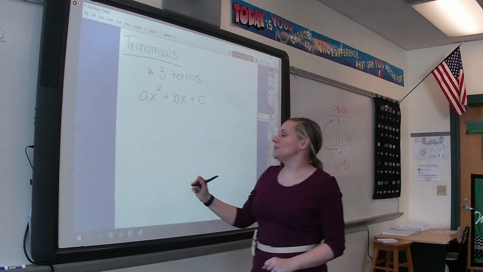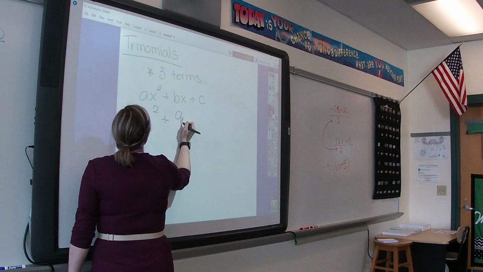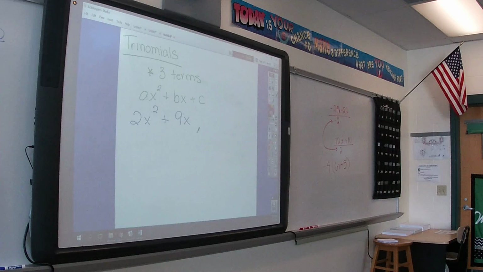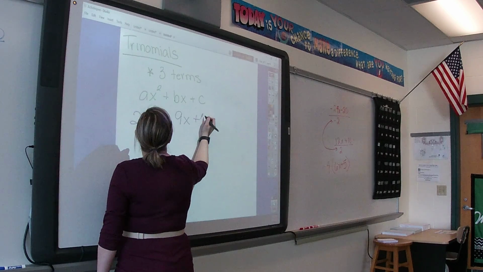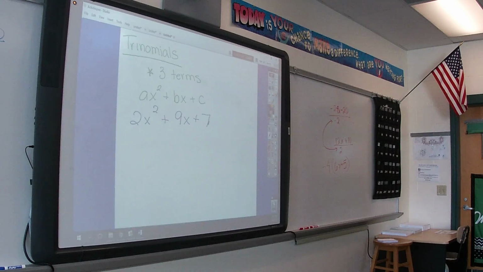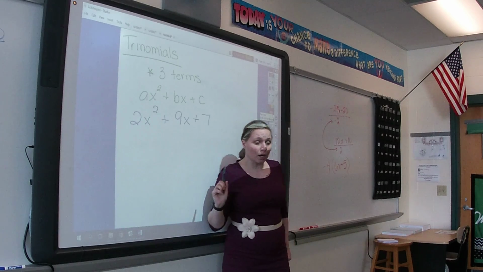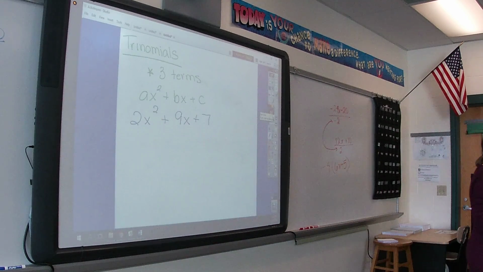So maybe we have something that says 2x squared plus 9x plus 7. So 1, 2, 3 terms, and we're in the correct form.